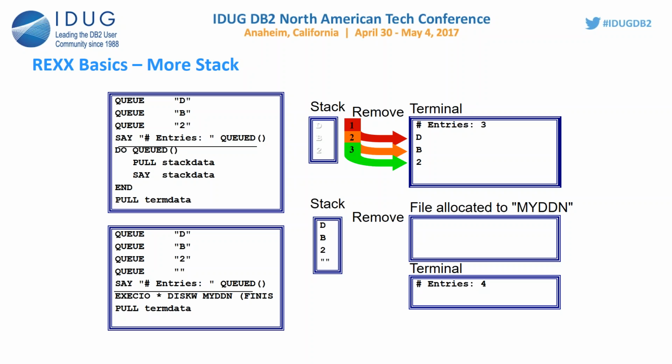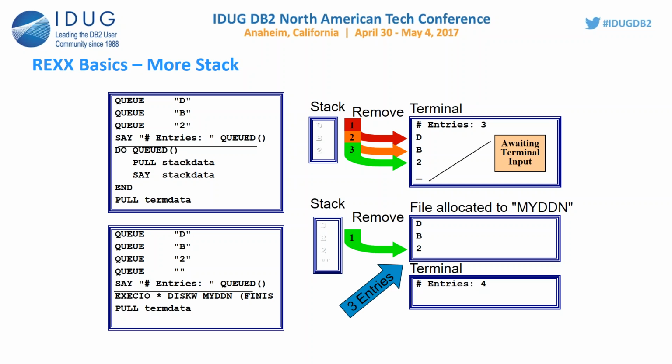And the second example there, you see we're actually writing something out to a file. So disk write. My DDN would be a DD name, hopefully in the JCL if I'm in batch, or in my TSO session if I'm trying to do this in TSO. And I'm just dumping what's on the stack to that file.